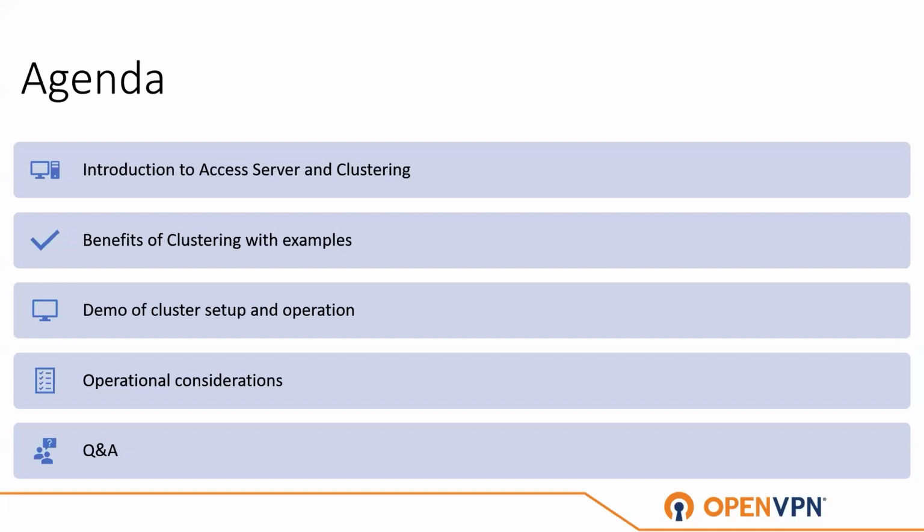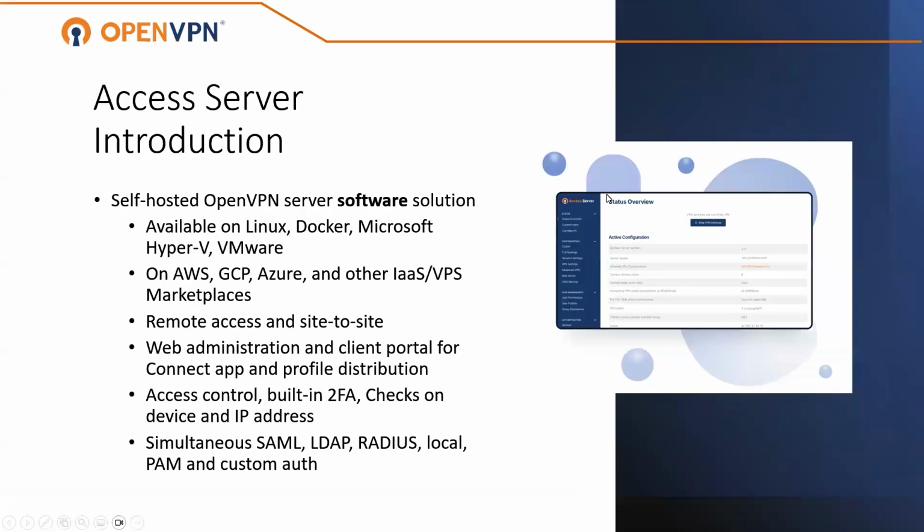Getting started, next, going over to the introduction of Access Server. Access Server is a pure play VPN server software that you can run on general computing equipment. We have used the OpenVPN open source project as its core and built a lot of additional functionality around it so that Access Server performs as a business VPN solution.